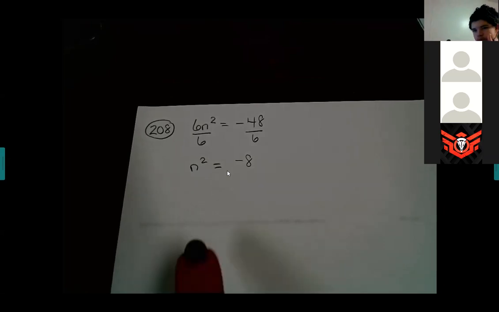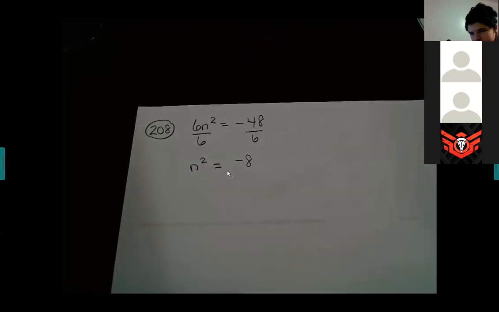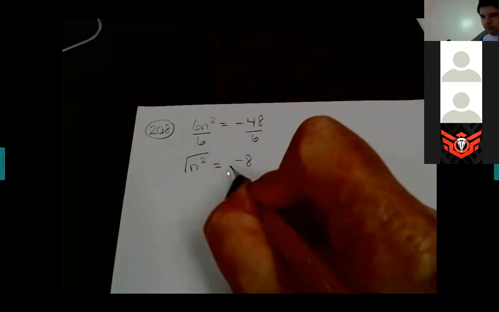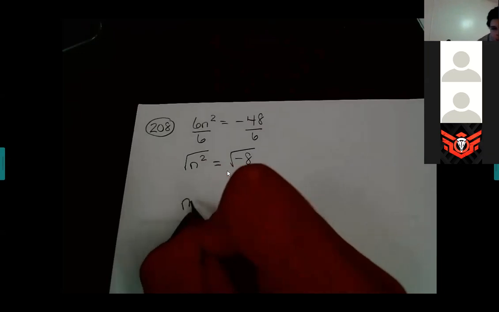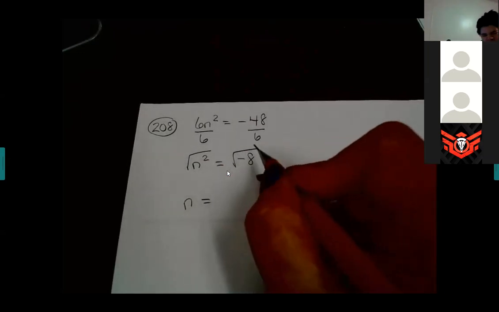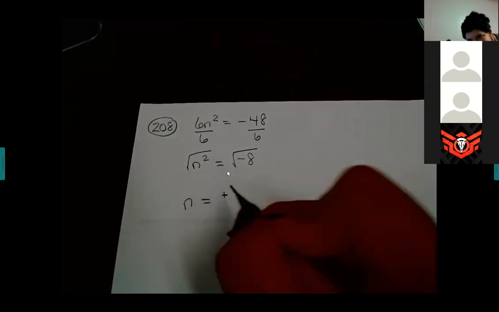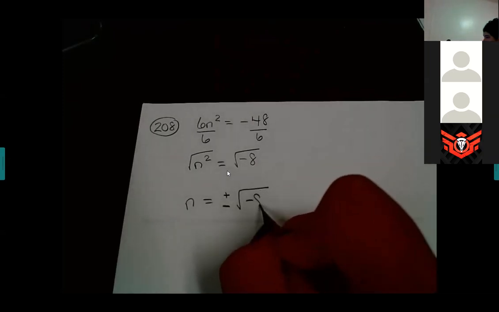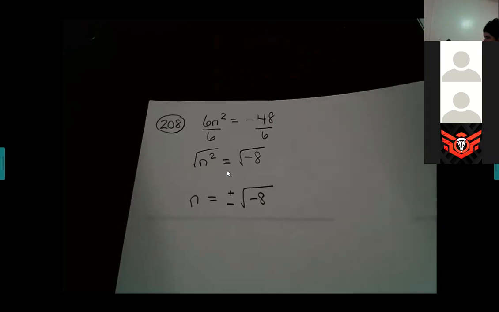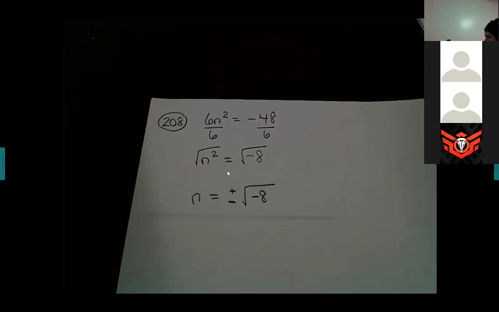So square root this side, square root that side. The square root of n squared is n. When you take a square root of a number, there's always a positive square root and a negative square root. Are you good with that so far? Emmanuel, you better look at it again.